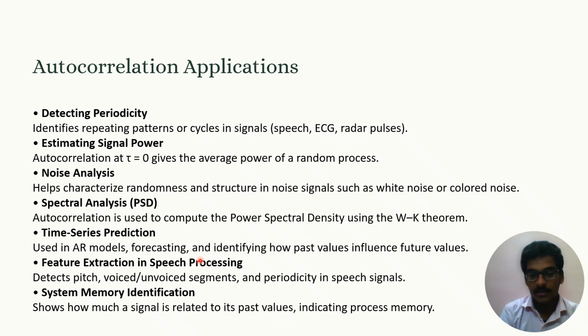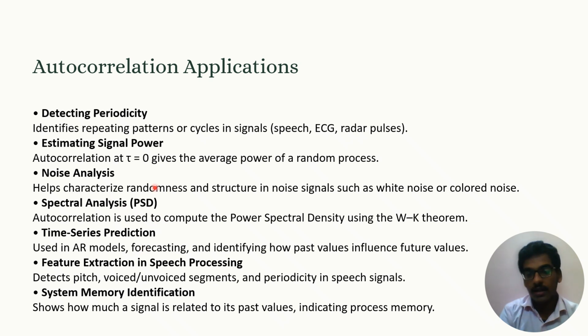Here we can see the relation between the autocorrelation and power spectral density. Time series prediction: it is used in AR models and forecasting, identifying how past values influence future values with the help of shifting. Feature extraction in speech recognition. This is similar to cross correlation, and system memory identification also.